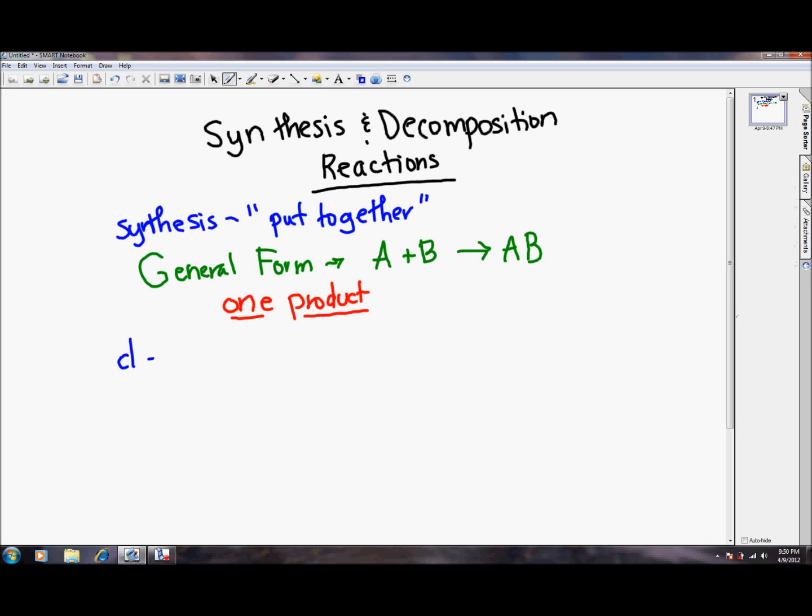Now decomposition reactions could be considered the opposite of synthesis reactions, because the word decomposition means to break apart.